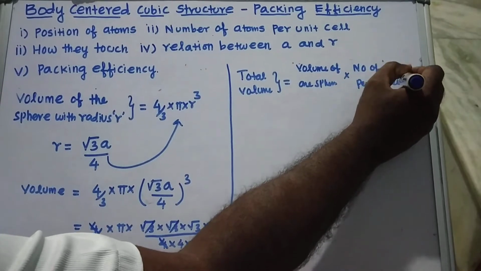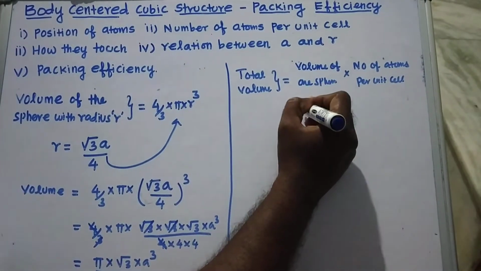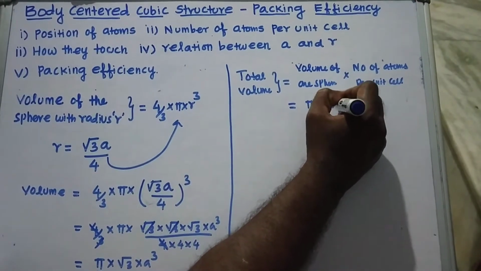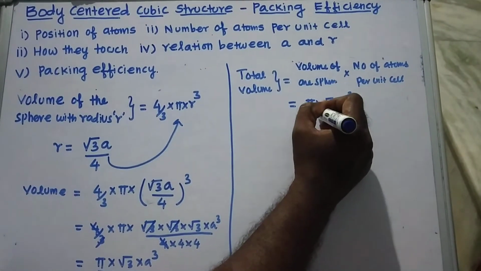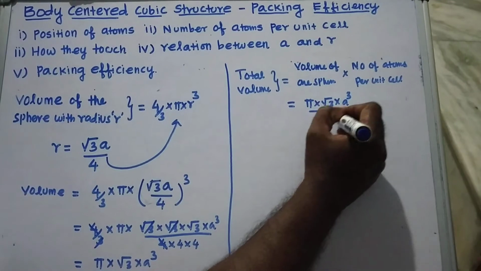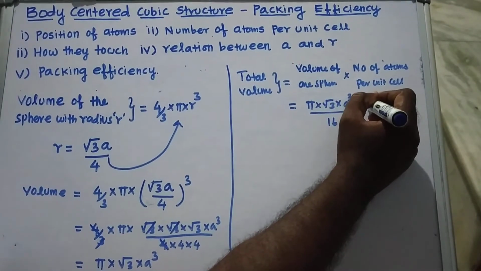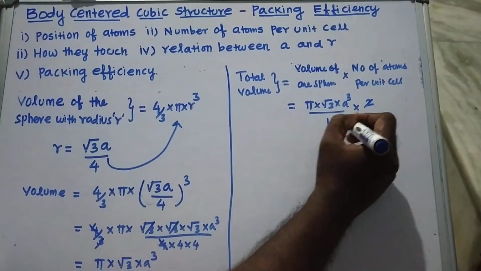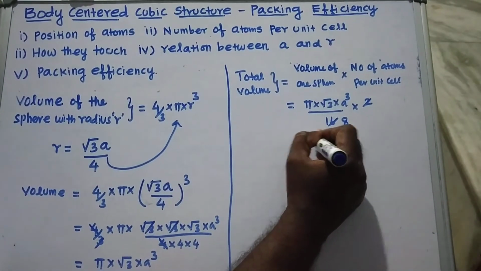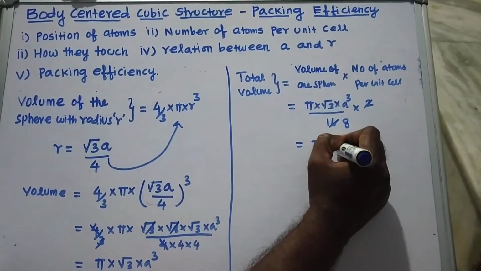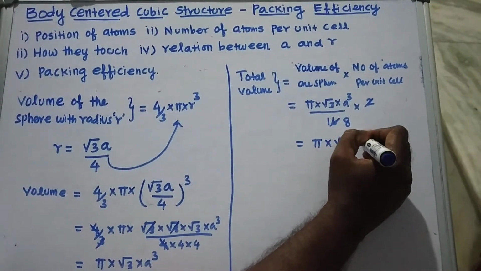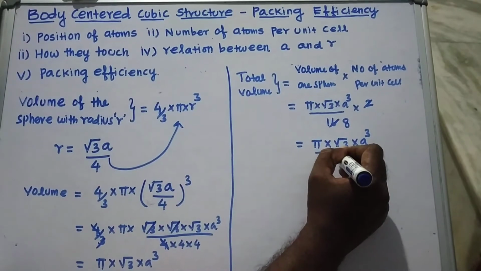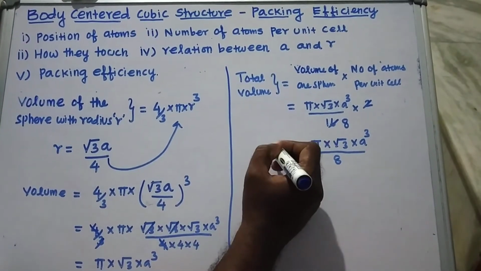Then volume of the sphere is equal to pi into root 3 into a cube divided by 16, into number of atoms per unit cell equal to 2. Therefore, cancel each other, it's equal to 8. As a result, it's equal to pi into root 3 into a cube divided by 8. So this is the total volume.